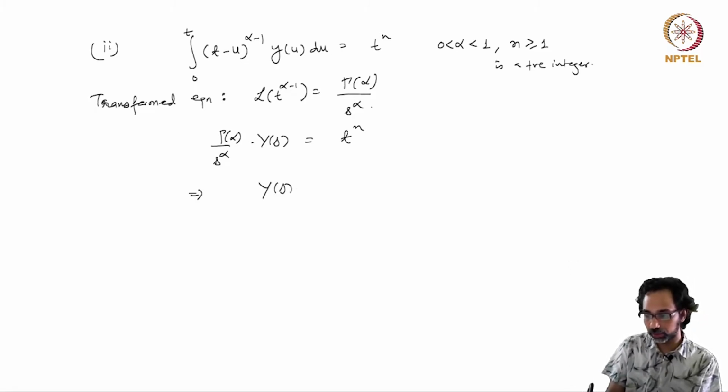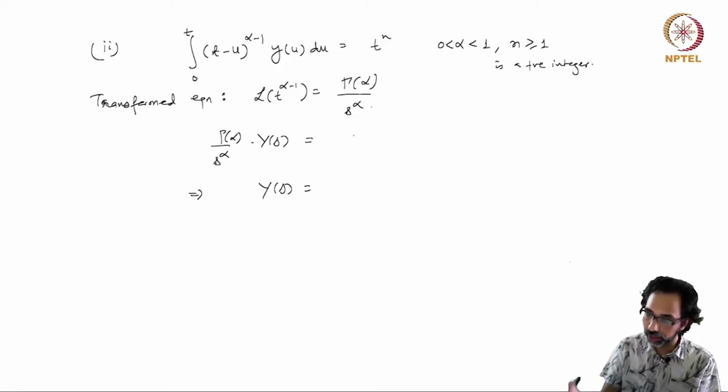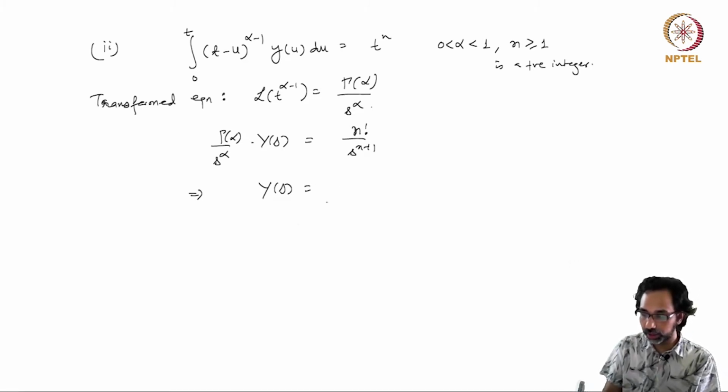On the right hand side you will have n factorial over s to the power n plus 1. So you get a very simple formula for Y(s), which is n factorial over gamma(alpha) multiplied by 1 over s to the power n minus alpha plus 1.